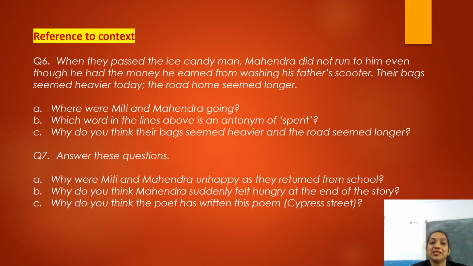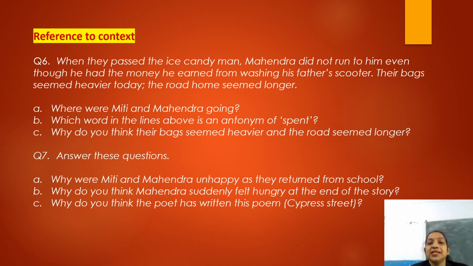Yes, here is question number 6. It is reference to context. So children, as you know well that here a context is given, means few lines from the lesson are given, and based on these lines few questions are given which you have to answer. Okay? So let me read this extract.